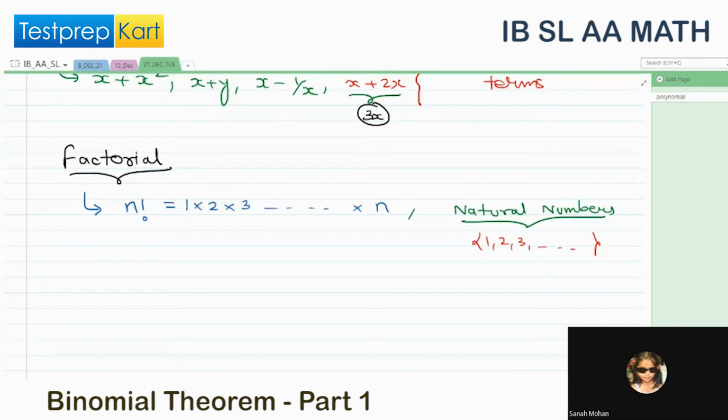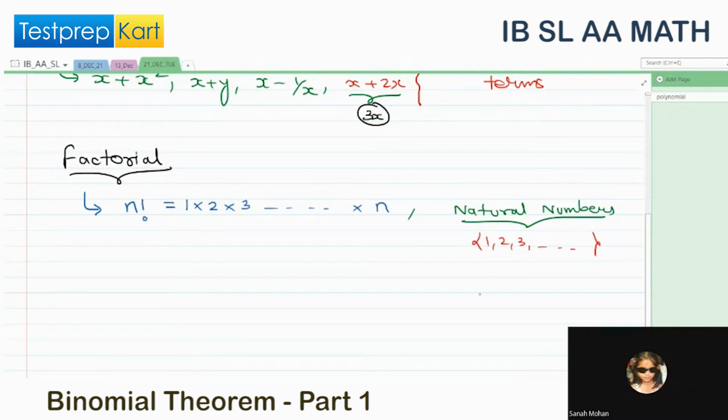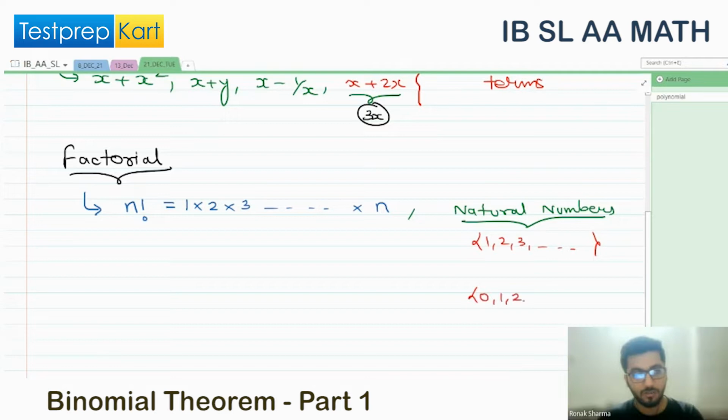Whole numbers means you simply add 0 to this set, so numbers starting from 0, 1, 2, 3. We are just adding 0 to this set of numbers, then the set becomes the whole numbers. We are going to learn about the number system separately, but right now you should know that natural numbers are nothing but positive integers, basically 1, 2, 3 till infinity.